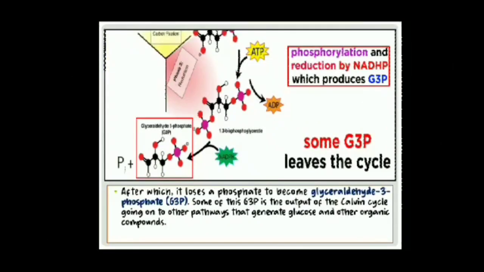After gaining a phosphate, 3-phosphoglycerate transforms into glyceraldehyde 3-phosphate or G3P. By losing a phosphate group, some of this G3P serves as the output of the Calvin cycle, proceeding into other metabolic pathways that contribute to the synthesis of glucose and various organic compounds.